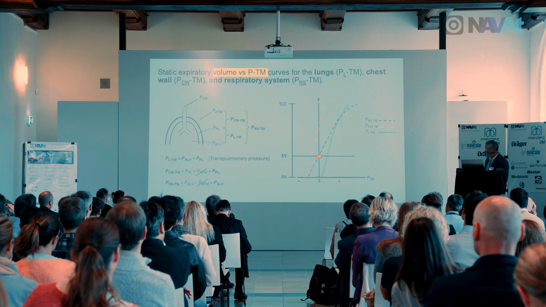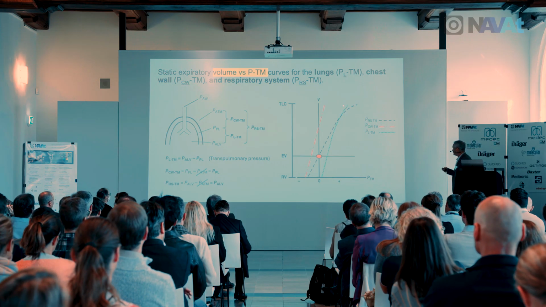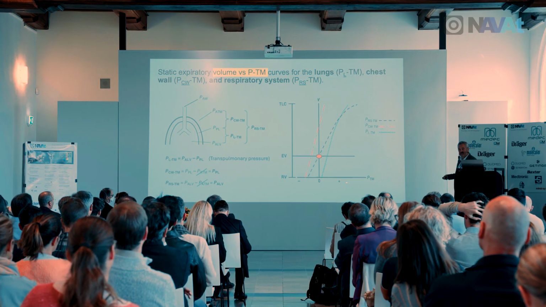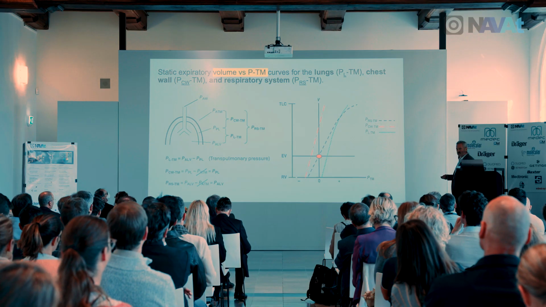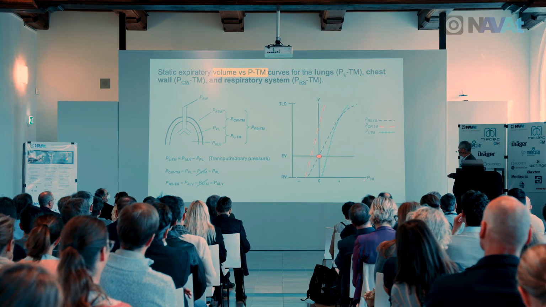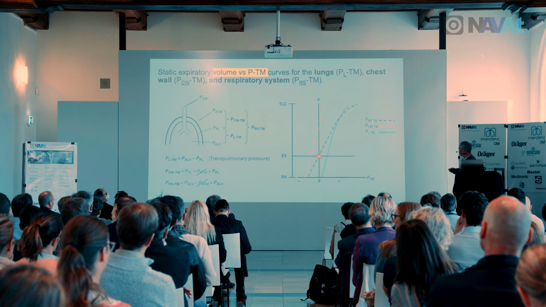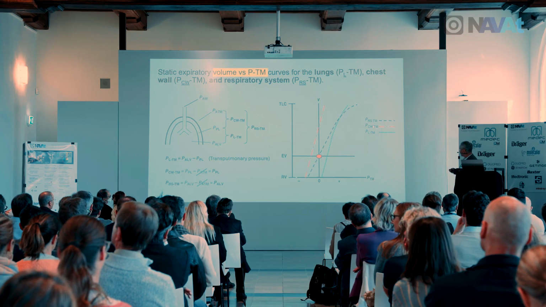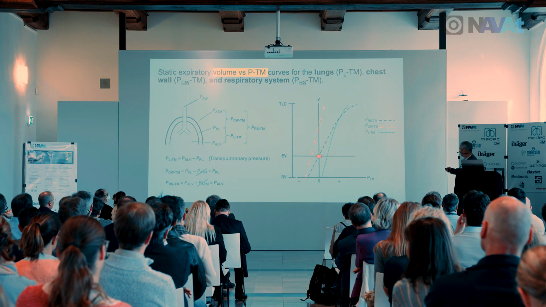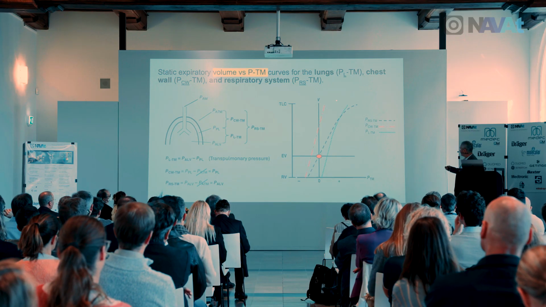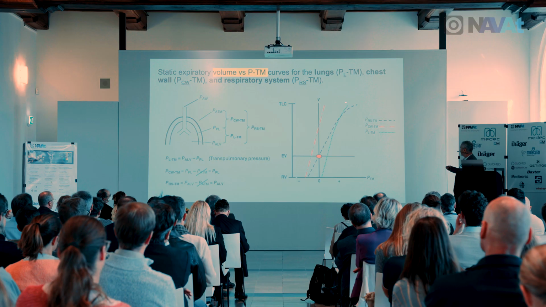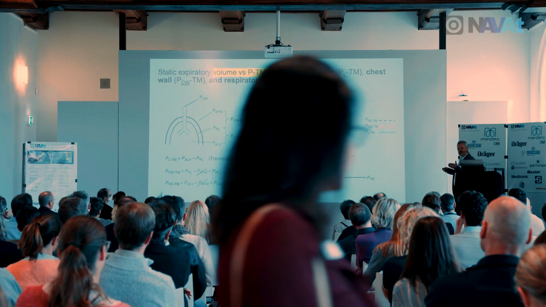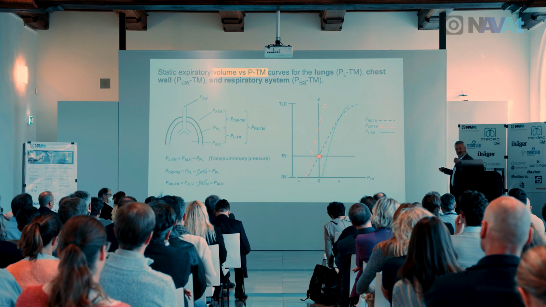And then here you see the relationship between volume and pressure in the lungs. Pressure this time defined as transmural pressure, not just pressure, and different transmural pressures. Certainly the one over the lung, here in green, and also the one over the chest, which has a different relationship if we let patients inhale to full lung capacity and then allow them to exhale in steps and every time stop and measure the evolution of the pressures.